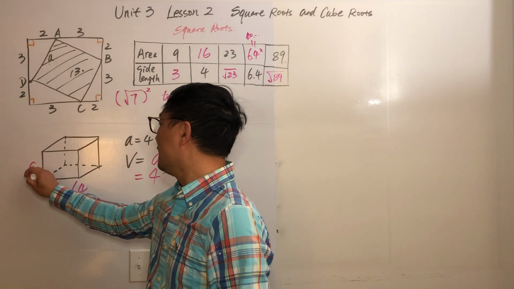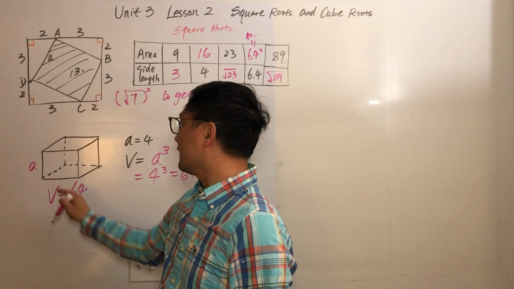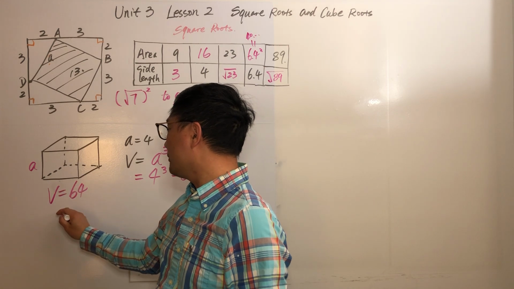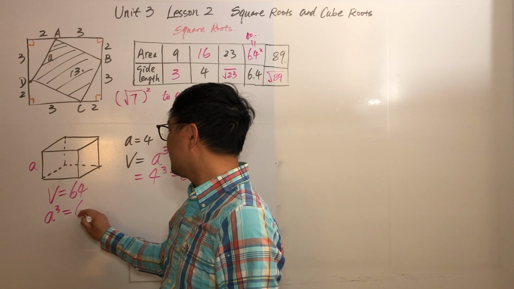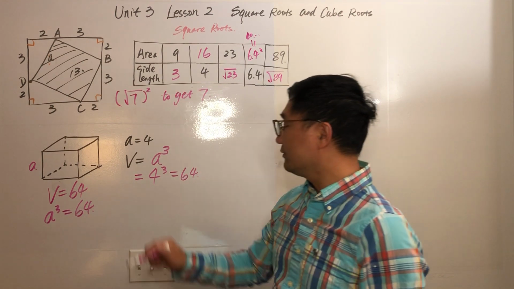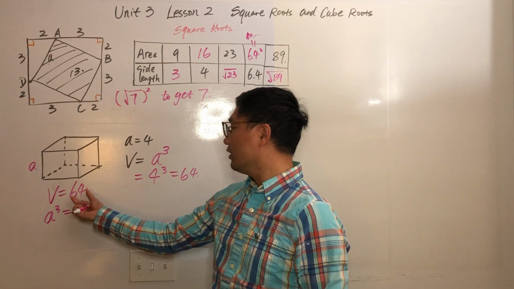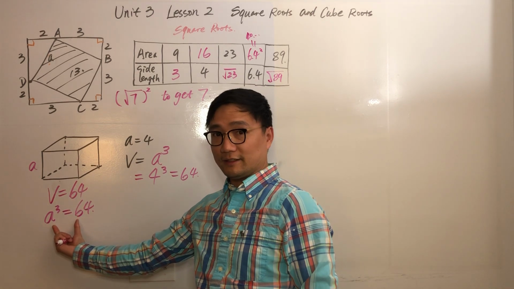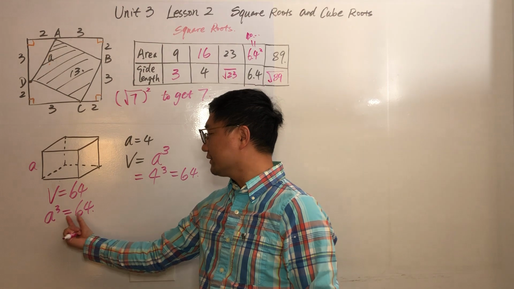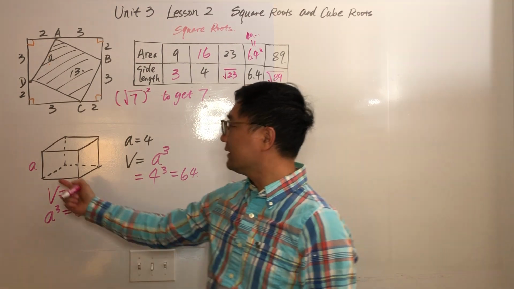If I set up the side length A, then based on the formula, A cubed is 64. After you know the volume 64, you set up the side length A, and you have an equation like this: A to the third power is 64. So how do you get A, the side length?